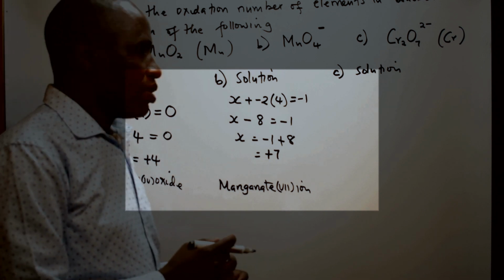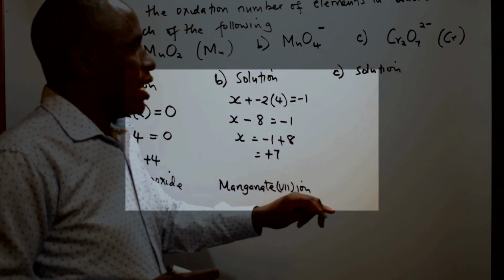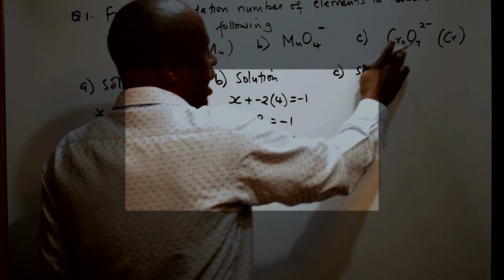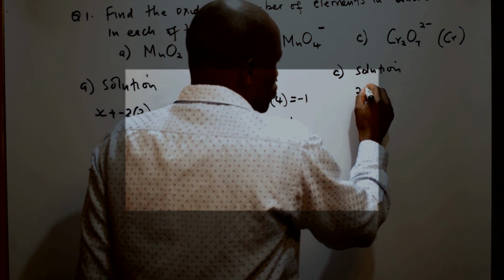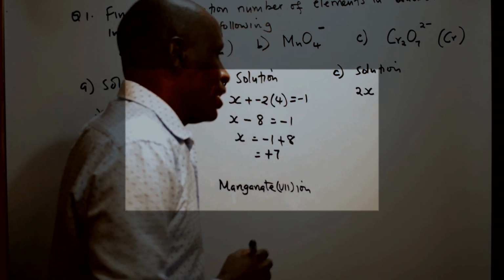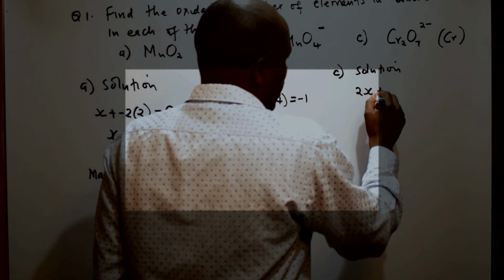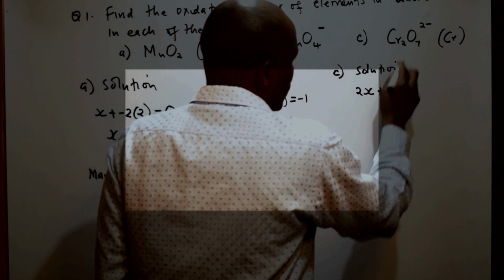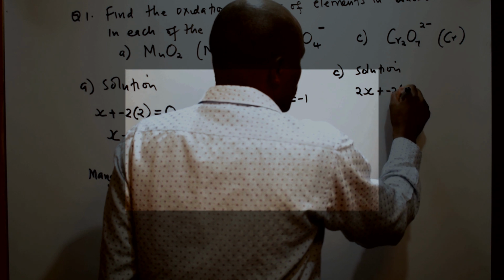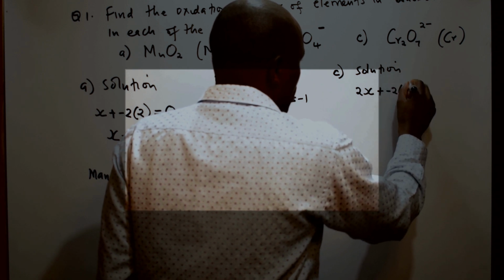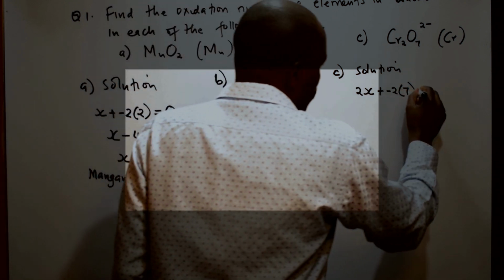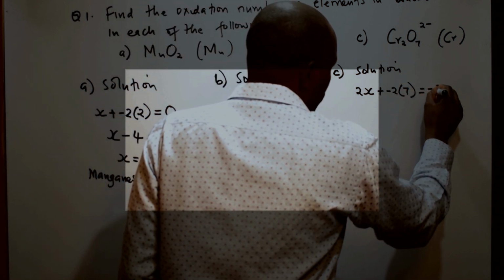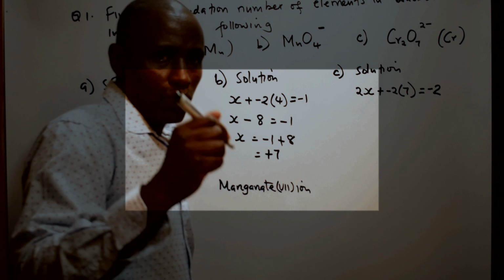assuming that the oxidation number of chromium is X, and I have 2 chromiums here. That means I'll have 2X, and then I'm going to add my oxidation number of oxygen. We have said it is actually -2, so I multiply by 7. Now the sum of these oxidation numbers should give me a -2.